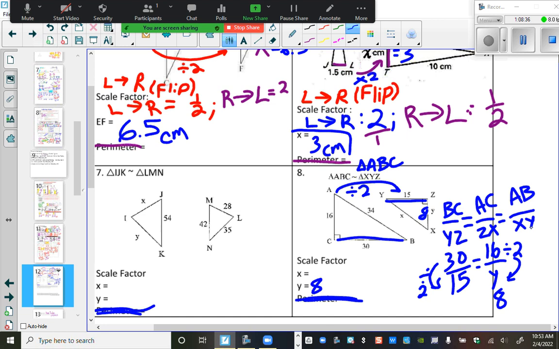And since AB was 34, what's 34 divided by 2? We agree 34 divided by 2 is 17? There you go.